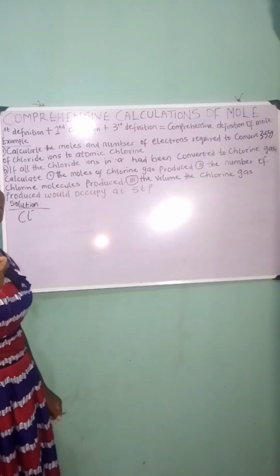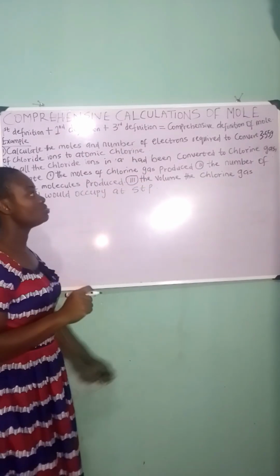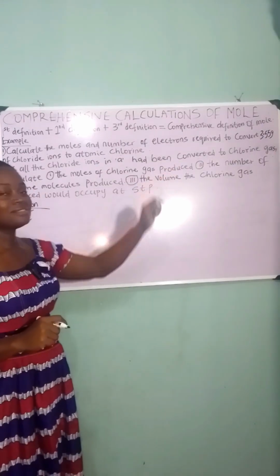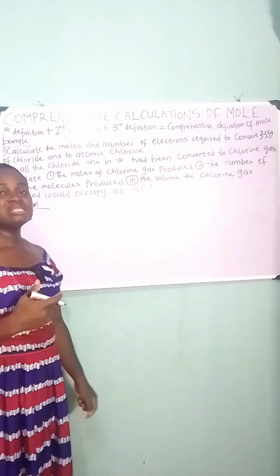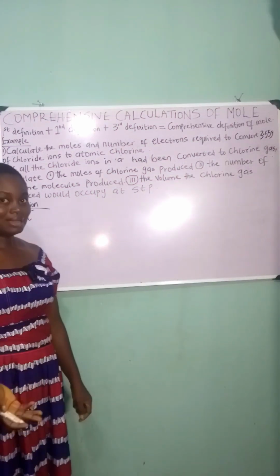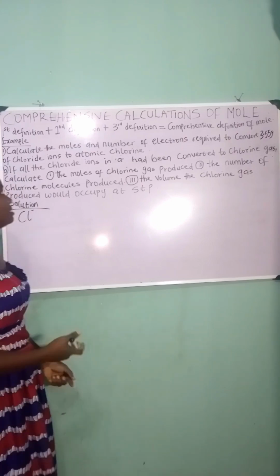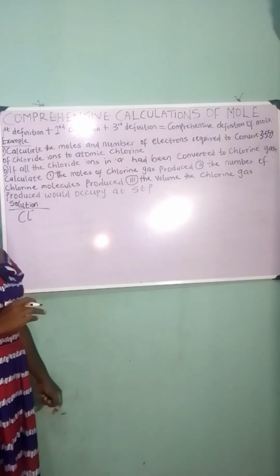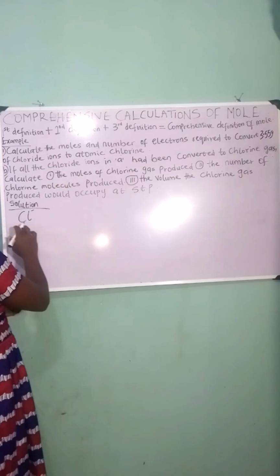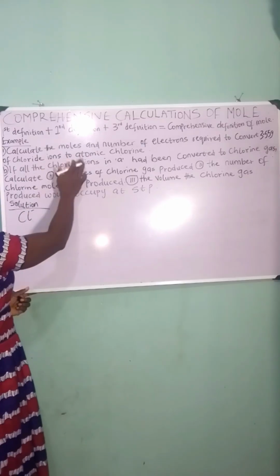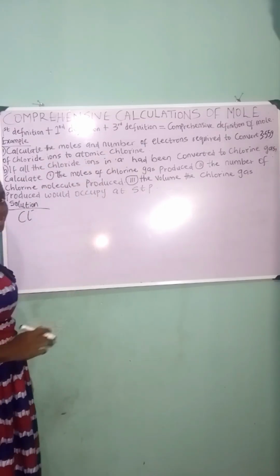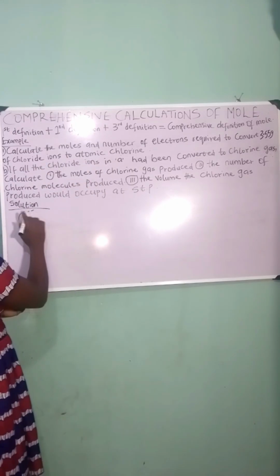They gave us the mass of the chloride ion, which is what? 3.55 grams. And you know that mole is equal to mass over molar mass. We'll get the mole. And that basically answers this question for us. Now, this chloride ion is converted to what? Atomic chlorine. So, this is the ion.